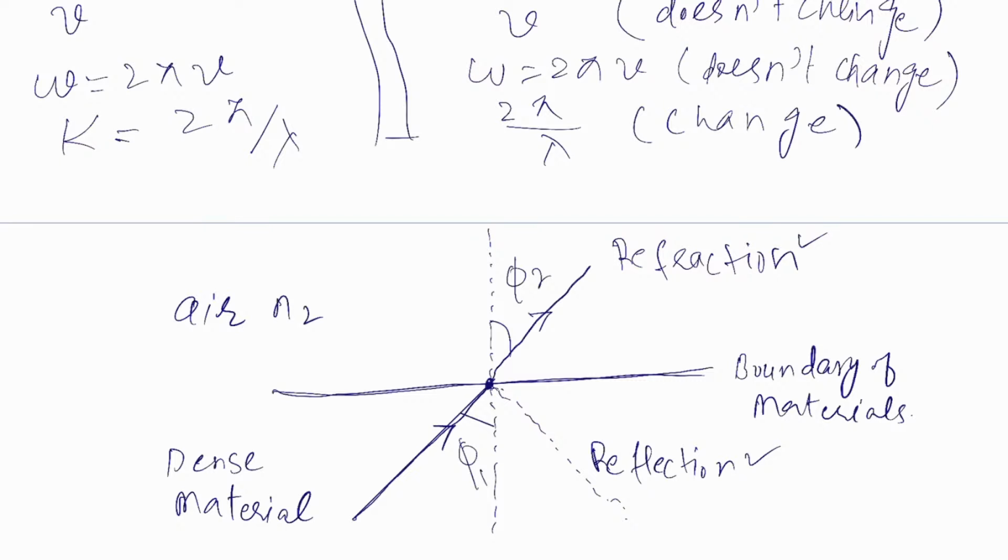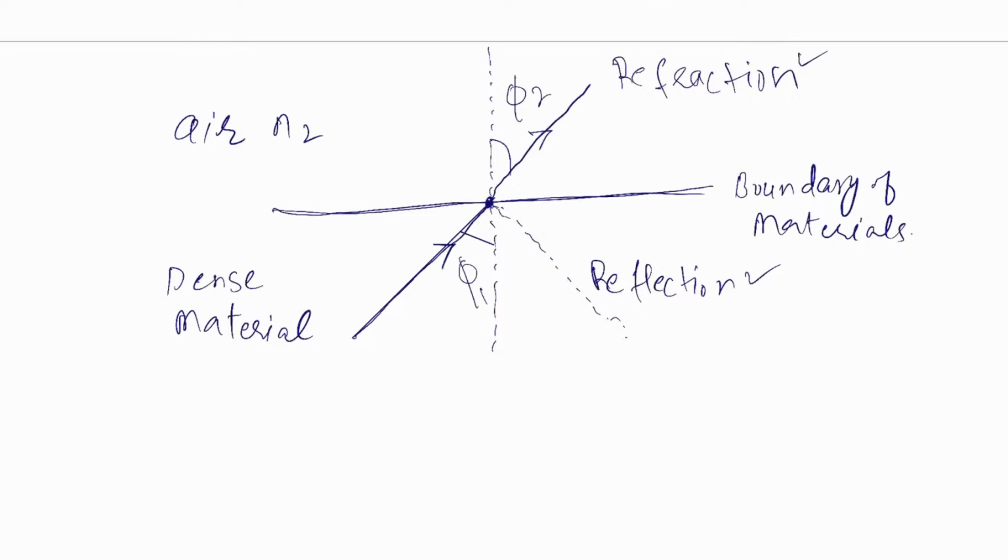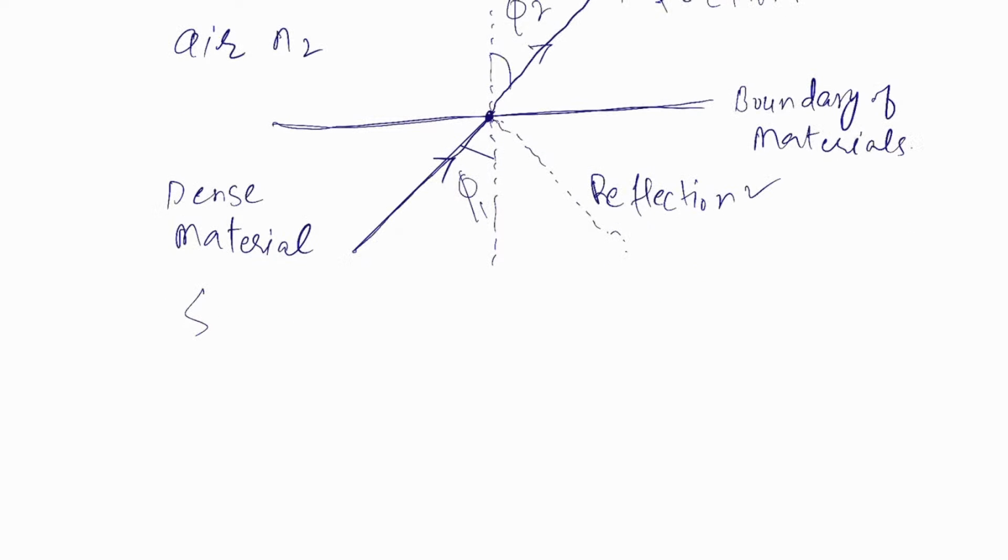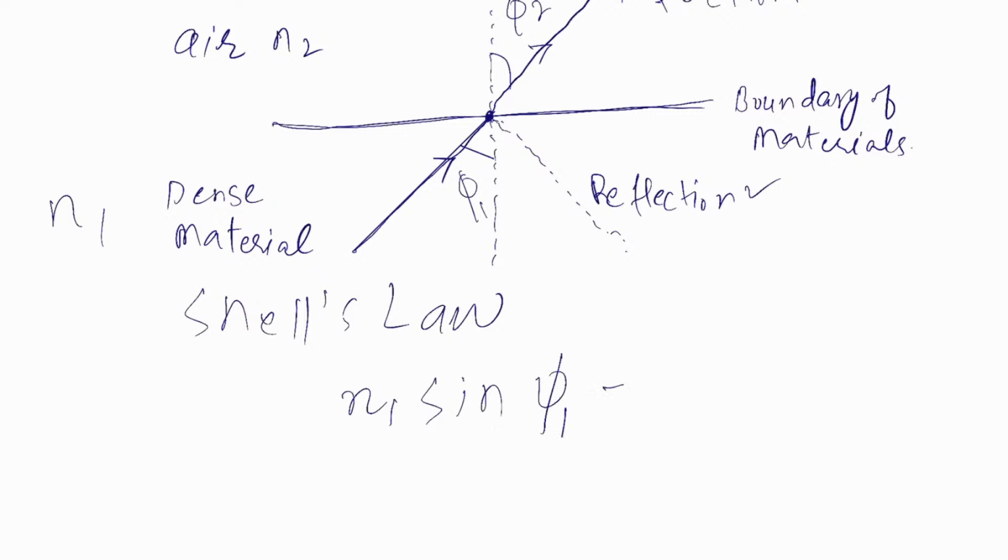Then we have Snell's law. Snell's law says that, let's say this is N1, N1 sine phi 1 is equal to N2 sine phi 2.